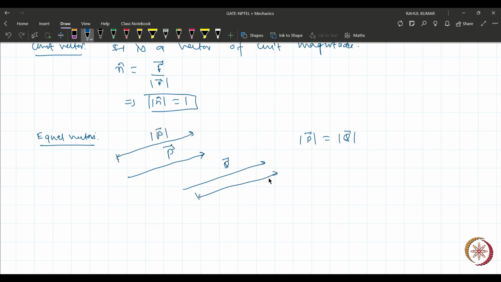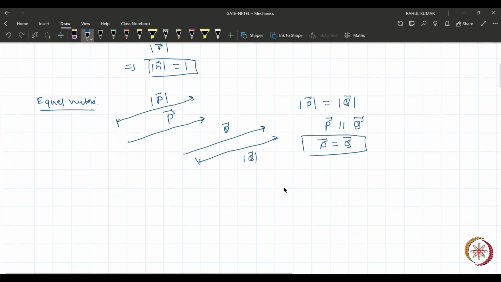And it is saying that the magnitude of P and Q are same. And also the direction, which means the direction of P is parallel to the direction of Q. So we can call P vector and Q vector are what? Equal vectors. Okay. So for equal vectors, direction and magnitude must be equal.